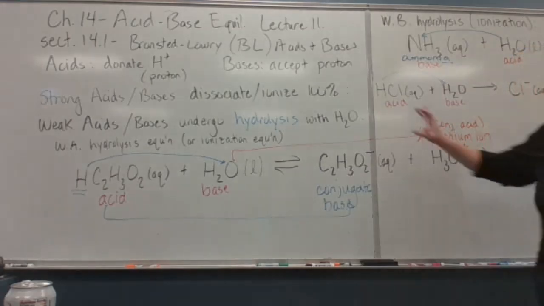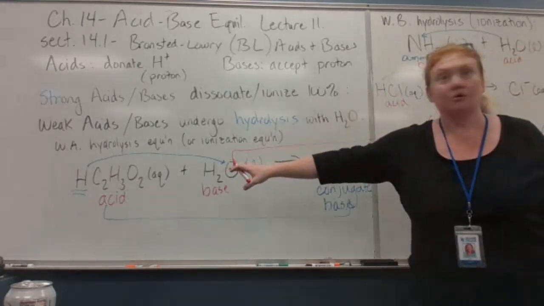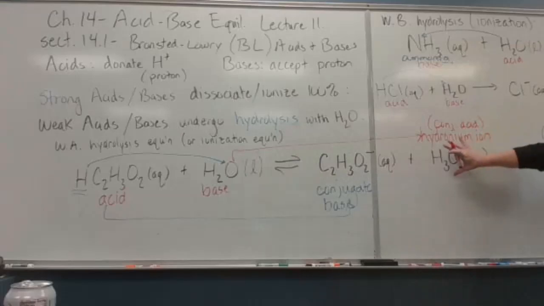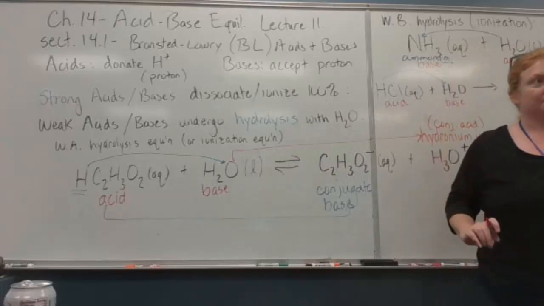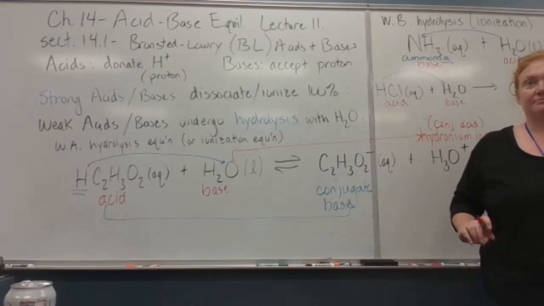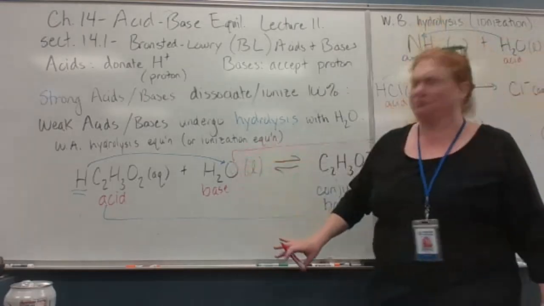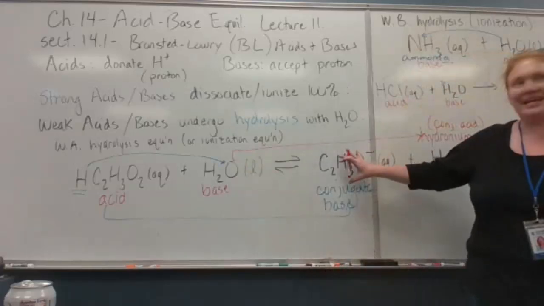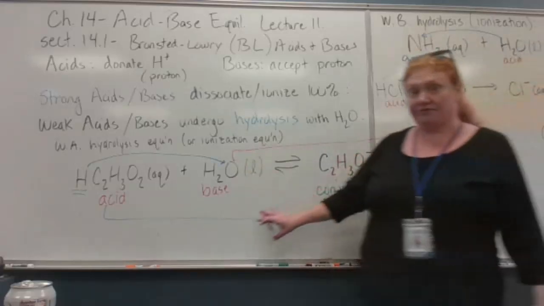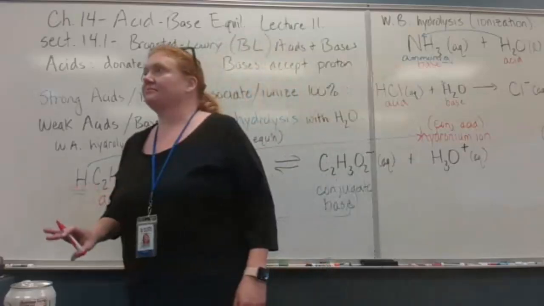Is this the conjugate acid of acetic acid? This is the conjugate acid of water. Is acetate ion the conjugate base of water? No. Acetate ion is the conjugate base of acetic acid.